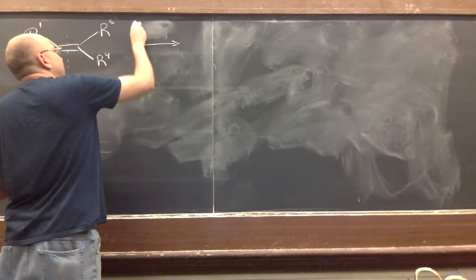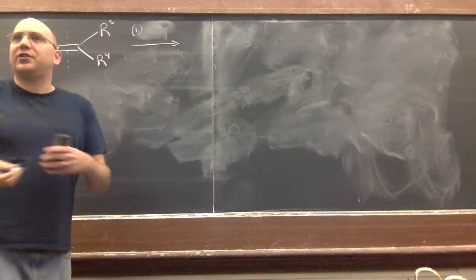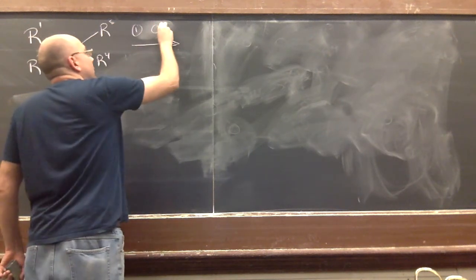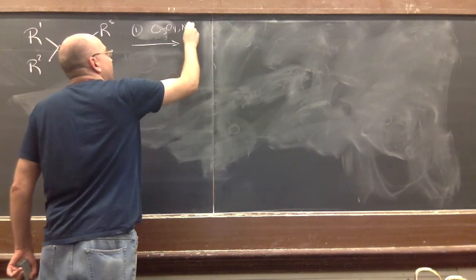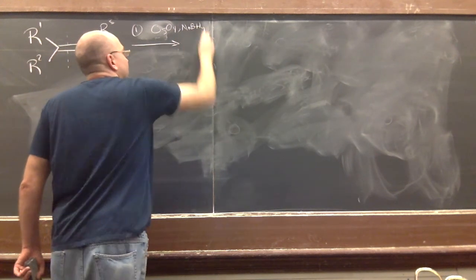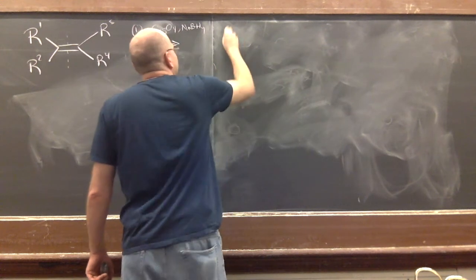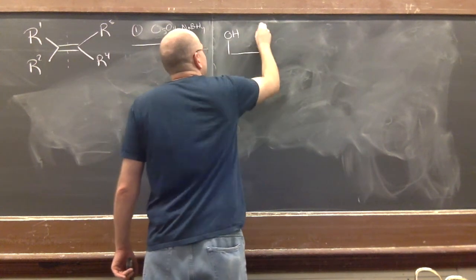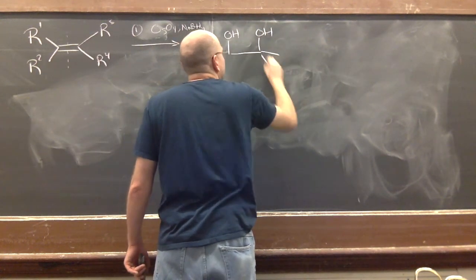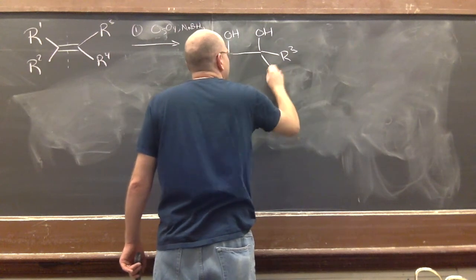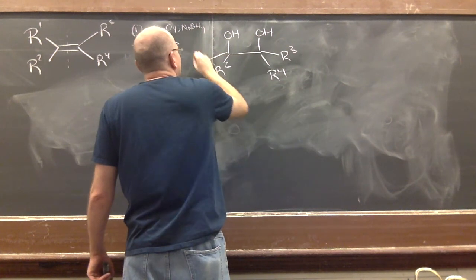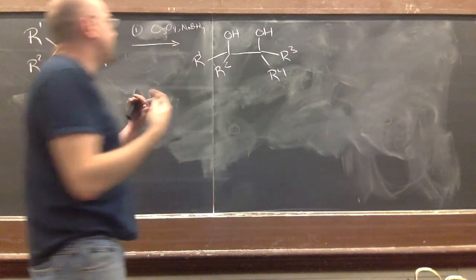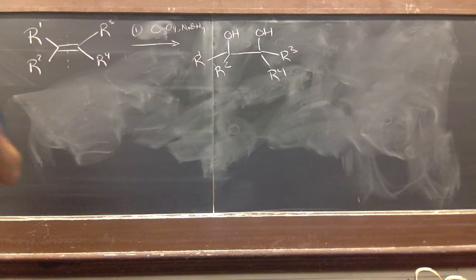So the first step, it turns out that if you take an alkene and you treat it with osmium tetroxide, which we were just talking about, followed by sodium borohydride, we get the 1,2-diol that you see here.